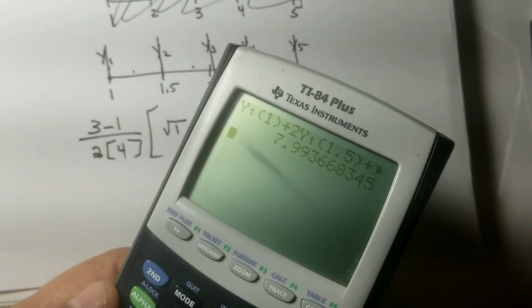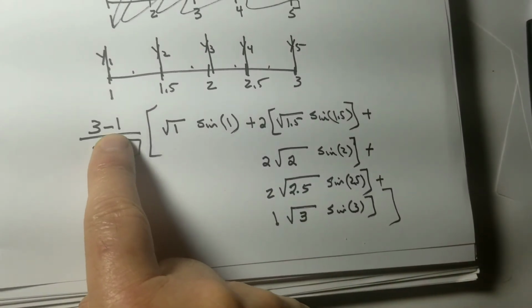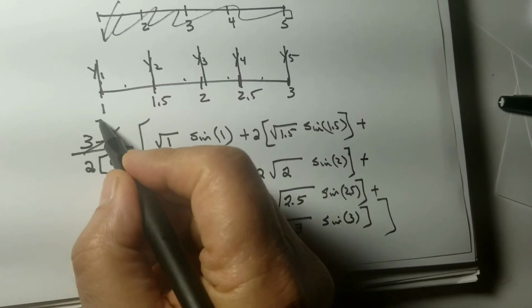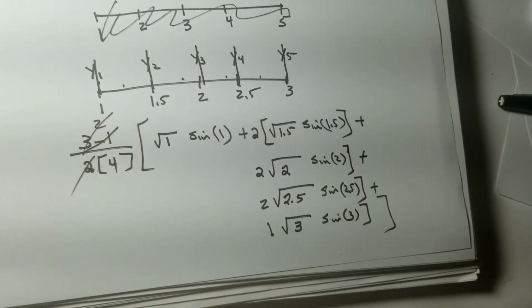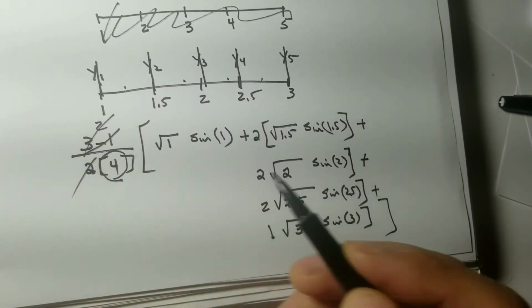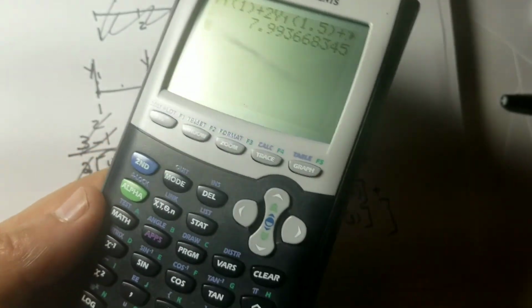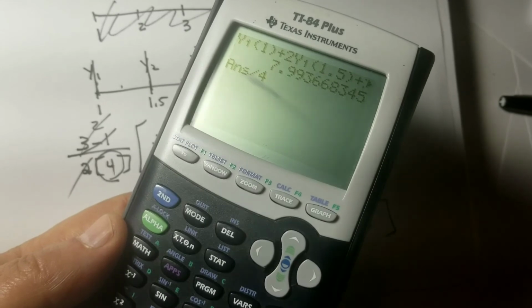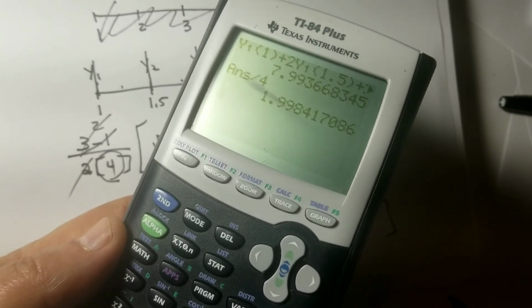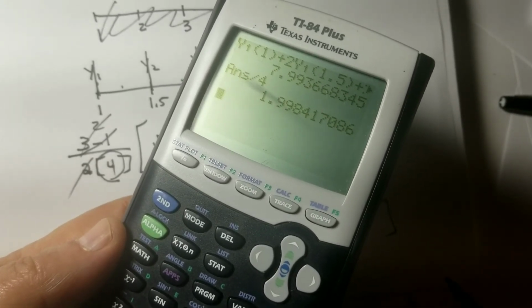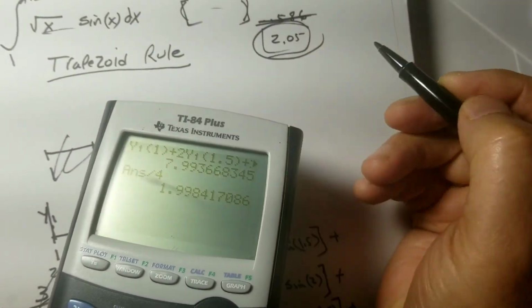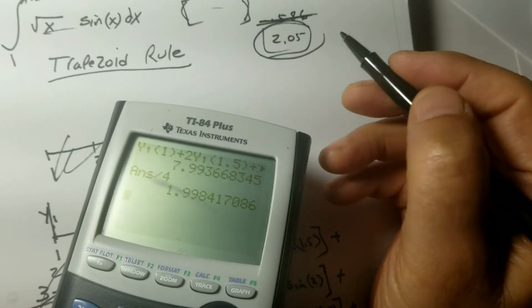7.99 times a 2 right here. 3 minus 1 is a 2. 2 and a 2 is gone. Divided by 4. Don't you know 7.99 is almost 8, and divided by 4 is 1.9998. What was the exact? The exact was 2.05.